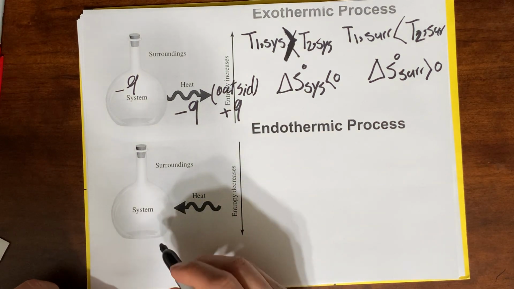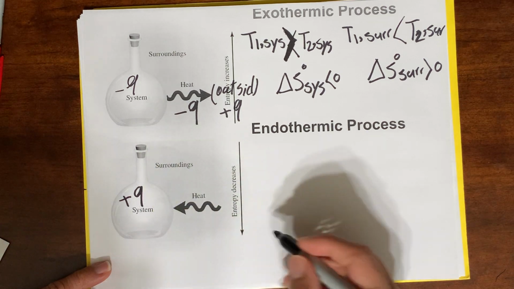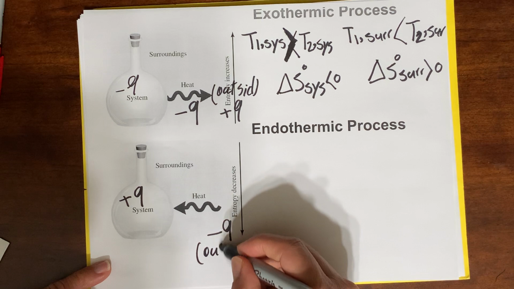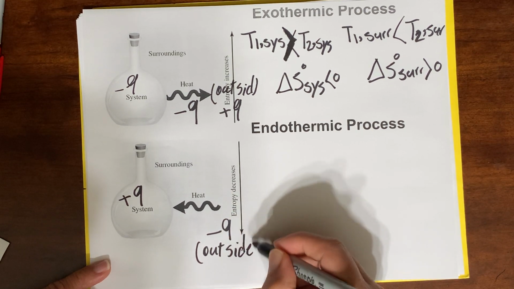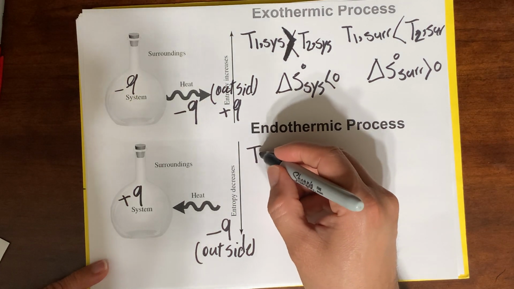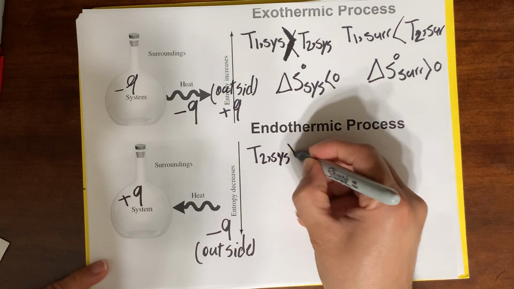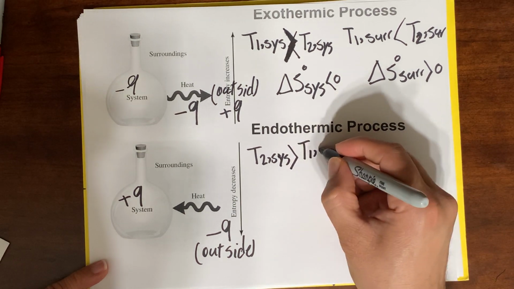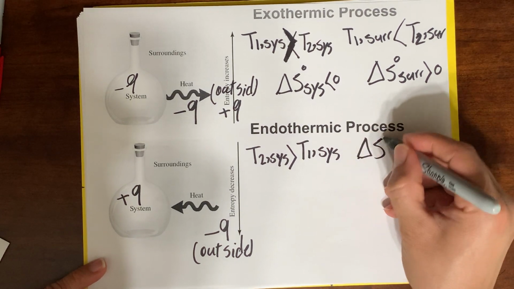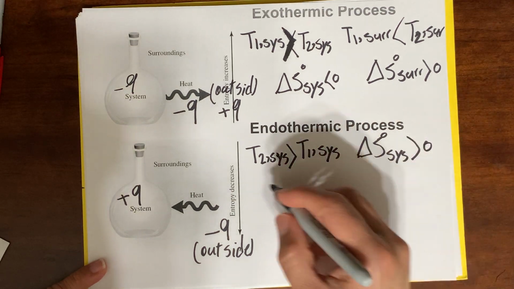Okay. In an endothermic process, system is gaining heat. Outside is losing heat. This is outside. Outside is negative. So the final temperature of the system is higher than the initial temperature of the system. So our system is getting warmer. That means entropy of the system will be a positive number.